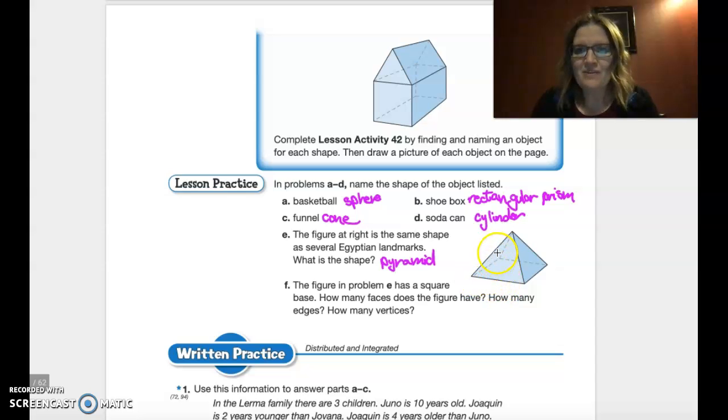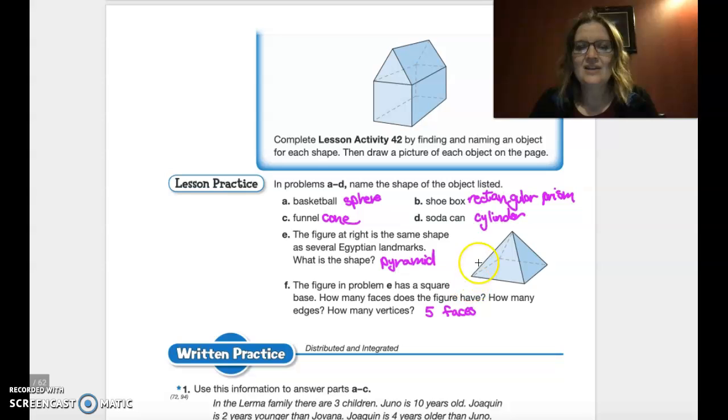So we have how many flat surfaces? We can see 1, 2, 3, 4. 4 in the 4 triangles, and then the base is a square. So we have 5 flat surfaces, 5 faces.